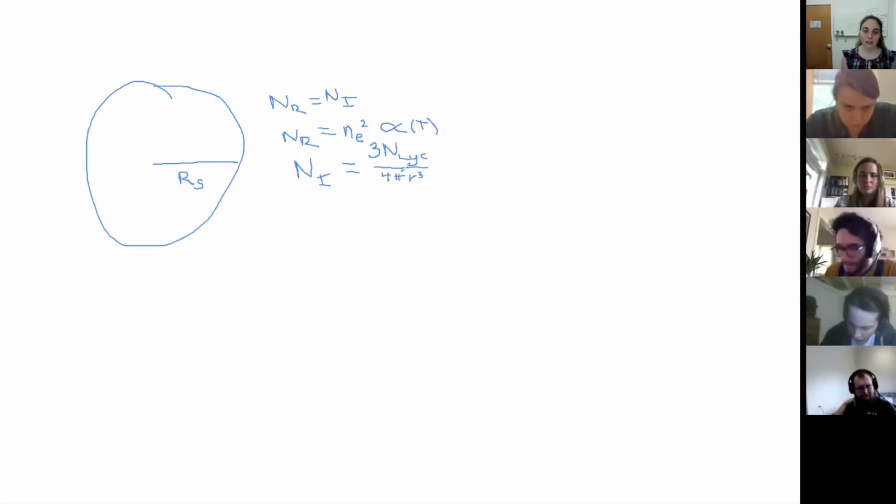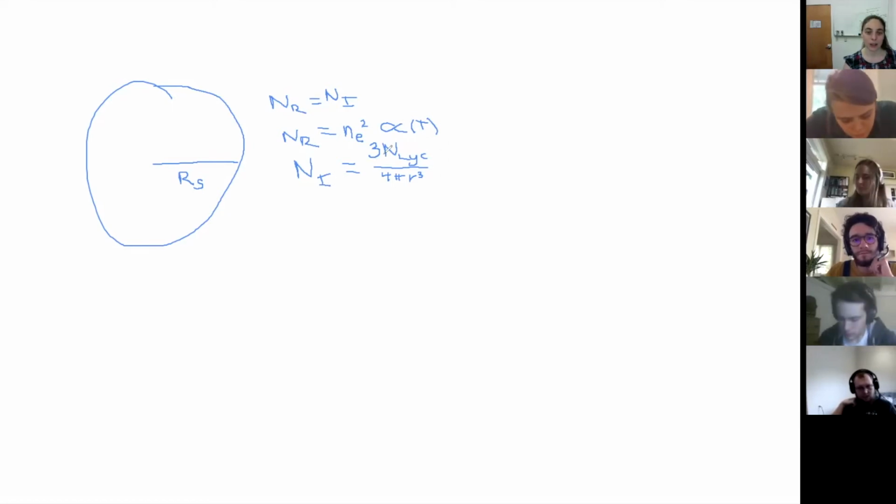Okay. So I hope it's kind of what I just walked through, but you couldn't read. So we have our recombination rate, which is the things we are recombining times the recombination rate coefficient, and then our ionization rate, which is equal to the number of photons that can ionize hydrogen divided by the volume with which we are looking in, so 4/3 pi r cubed.